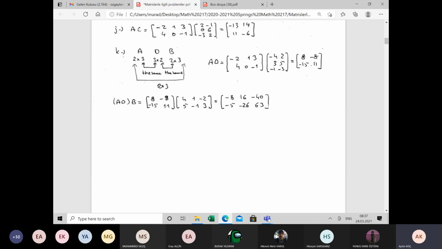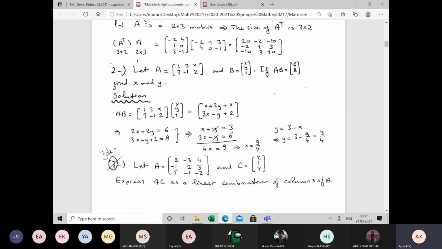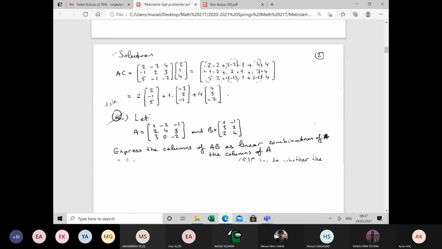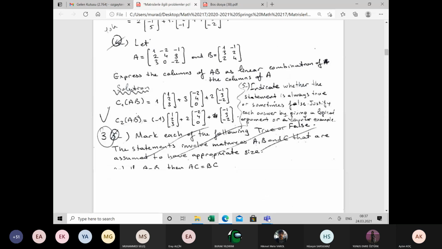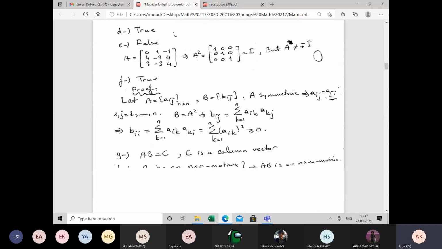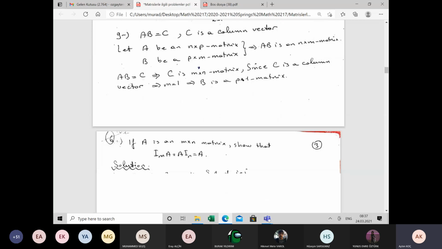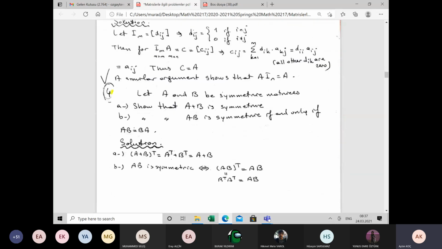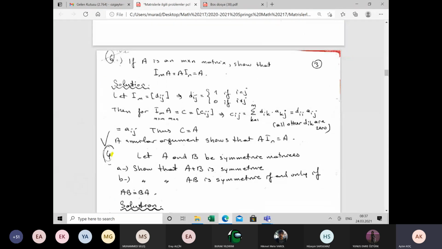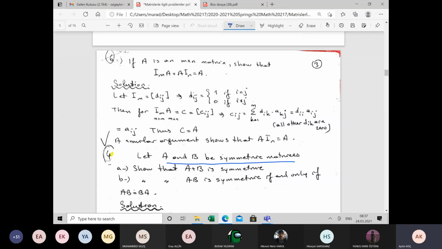For example, this one: let A and B be symmetric matrices, and show that A plus B is symmetric. And also the next one: show that AB is symmetric if and only if AB equals BA.